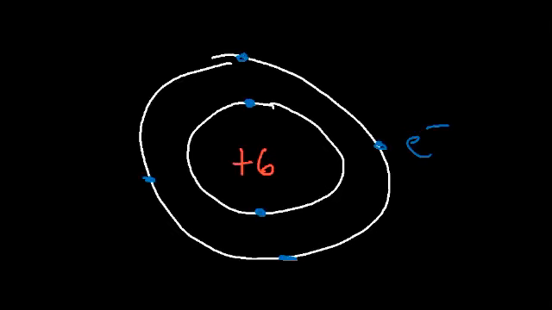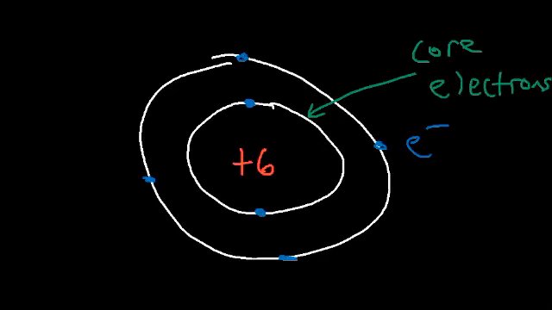So carbon has a total of 6 electrons. The 2 electrons on the inside are known as core electrons. And the electrons in the last, or the outermost energy level, are known as the valence electrons. So carbon has 4 valence electrons. If you look where carbon is located on the periodic table, it's found in group 4A, which is the same as group 14.